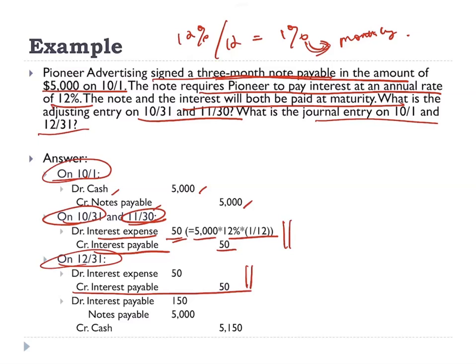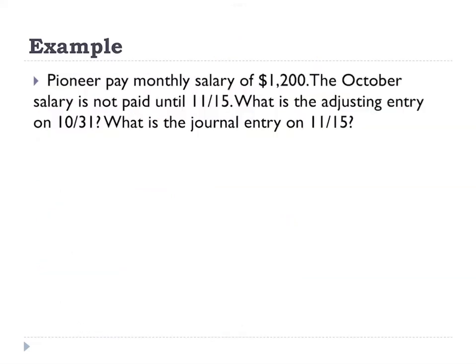But at the same time, the firm is going to pay both the principal and the interest of this note on December 31st. So the firm is going to pay cash $5,150, which includes the principal $5,000 and the interest payable, which is $150. So those are all of the journal entries involved in this transaction.